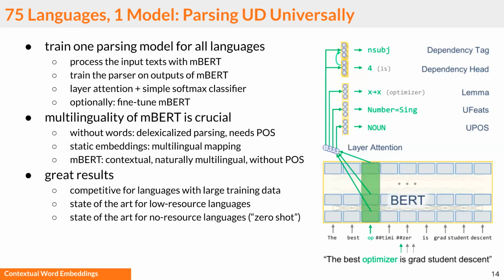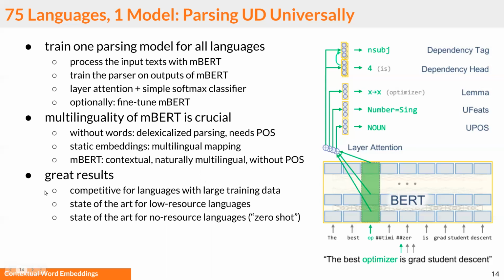And you don't need to have part of speech for the languages because, if you have part of speech for one of the languages, you just train a part of speech tagger for one language and then use it for the other languages. So it's fairly simple to do. And it's not only simple to do, but it also has great results.